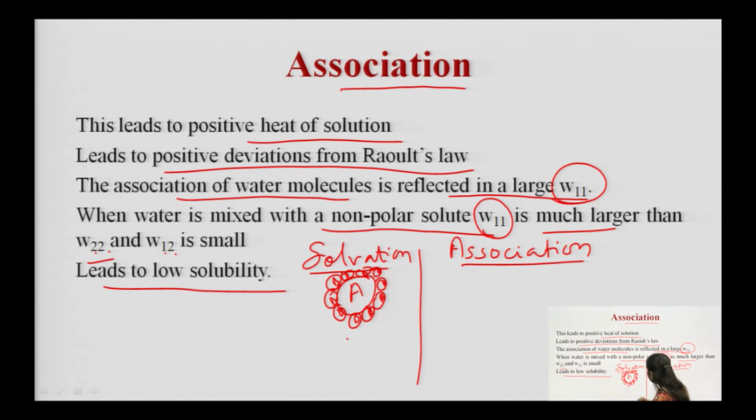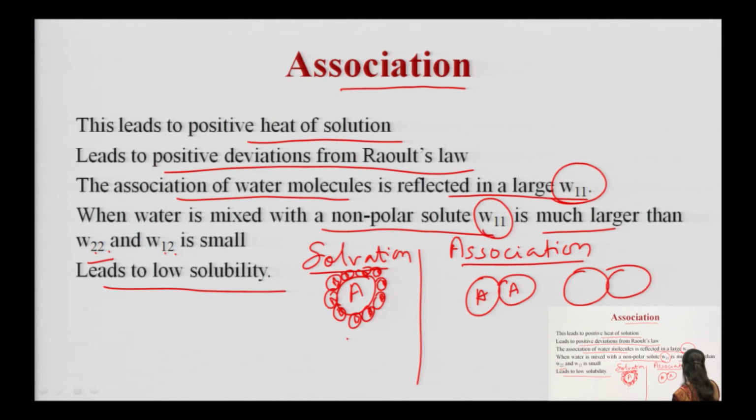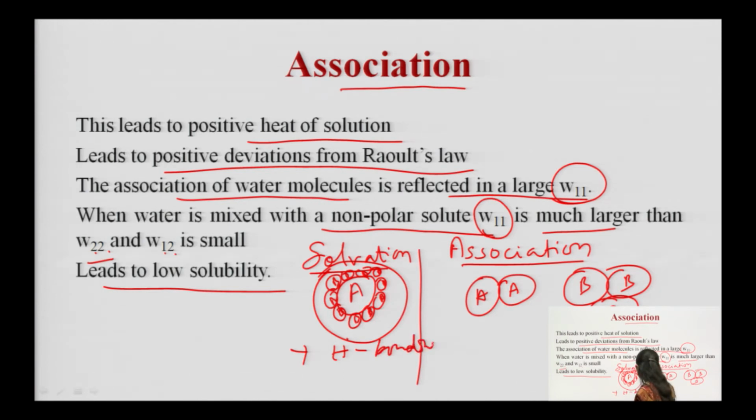This is B. And here the association is formed between the two solute molecules or between the solvent molecules. Both are not available for each other. Here mainly we consider forces like hydrogen bonding.